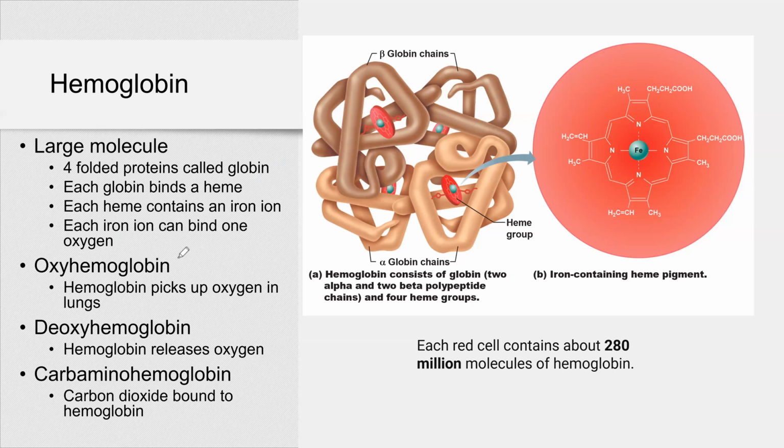When hemoglobin carries oxygen, we call it oxyhemoglobin. Hemoglobin picks up oxygen in the lungs and becomes oxyhemoglobin. Deoxyhemoglobin is when hemoglobin releases oxygen, and it releases oxygen in your tissues. Carbaminohemoglobin is when hemoglobin binds to carbon dioxide.